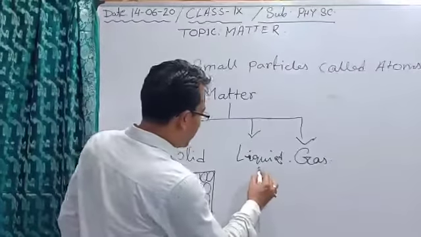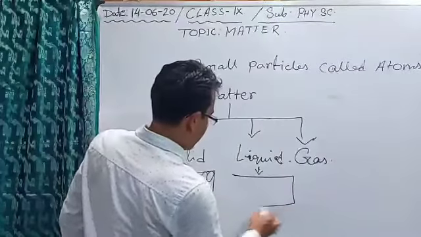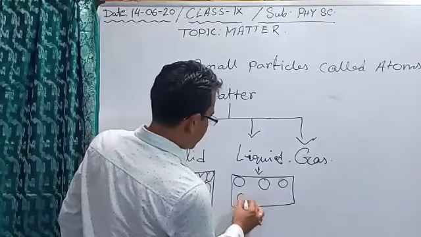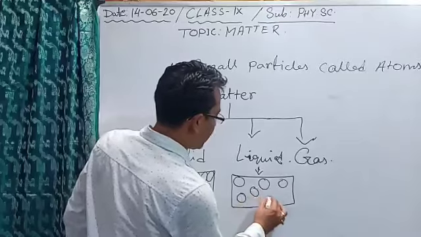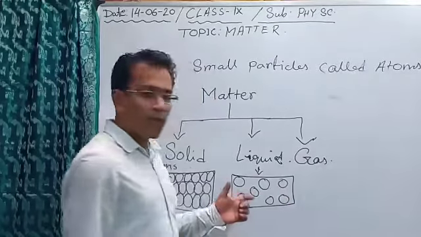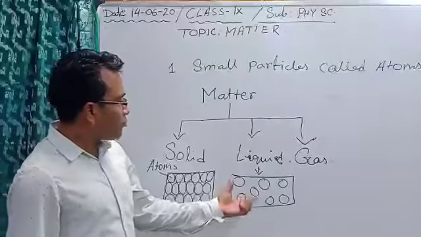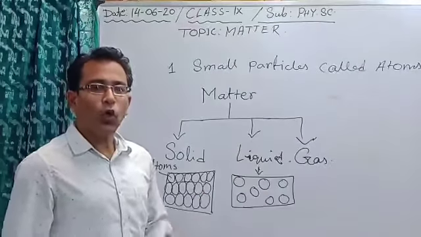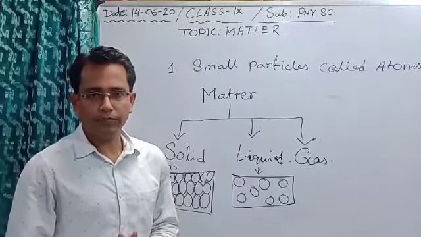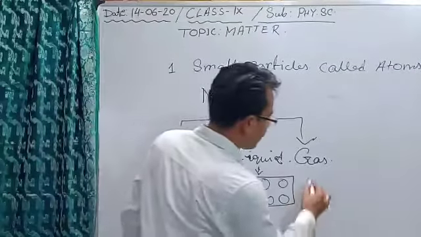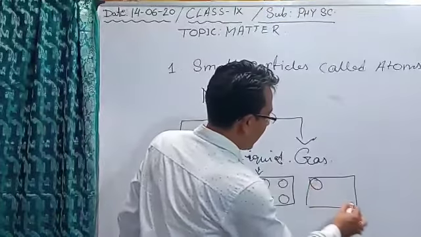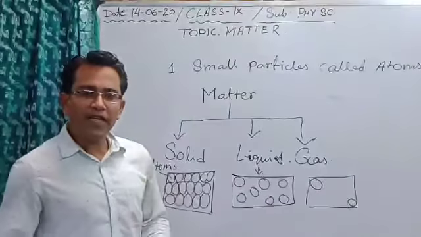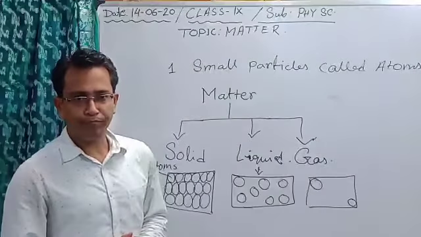Now liquid, here atoms have spaces between them. That is why liquid has no definite shape. And in gas, atoms are far away from each other, the maximum spaces between them.